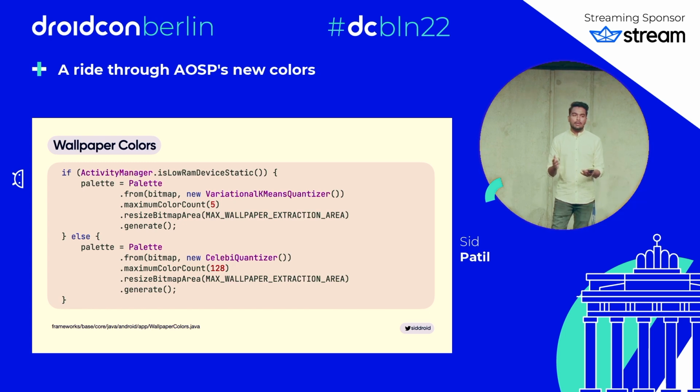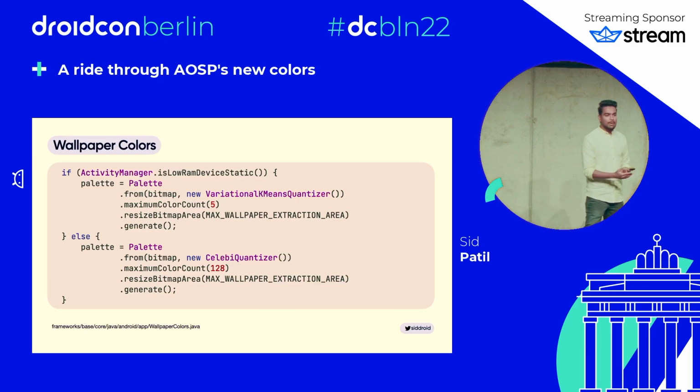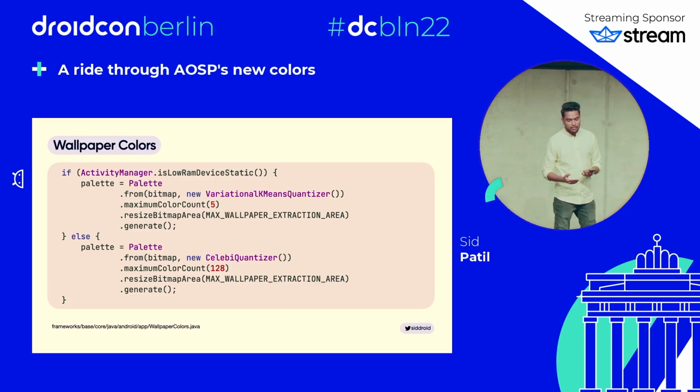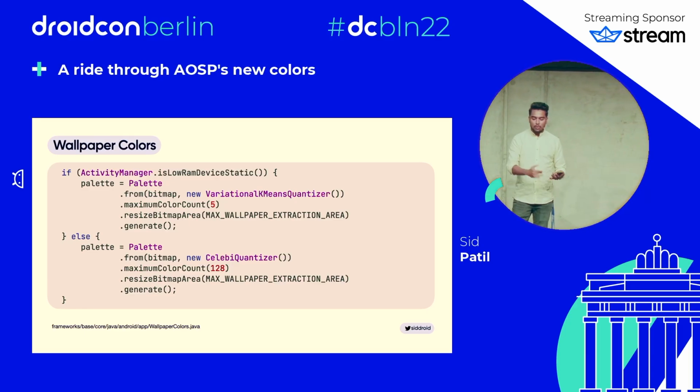So the Android system may use different quantizers if the given system resources are less. Like for example here, if the RAM is less, right? And this is determined at build time when the system image is built. So current understanding is if you have a device with less than 1 GB of RAM, then that's a low RAM device. So we see a different older quantizer being used here and a limit on the maximum colors that will be extracted.